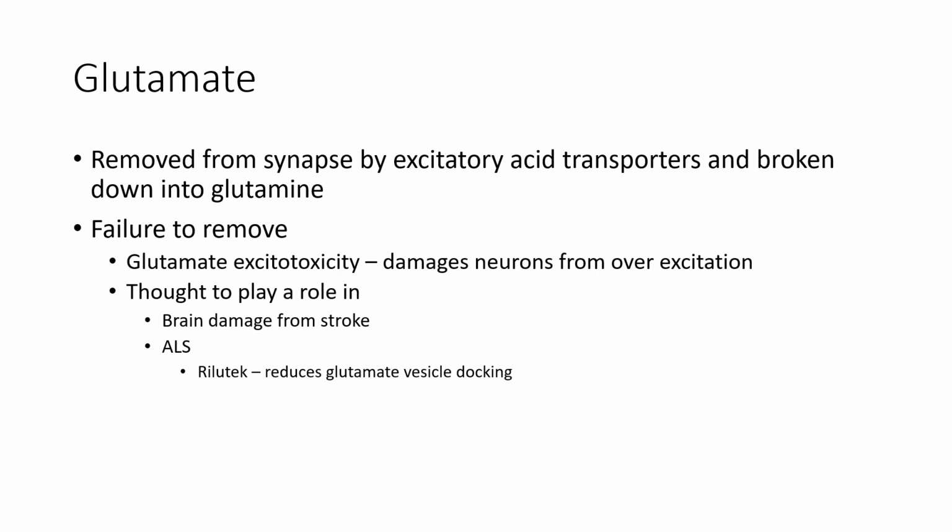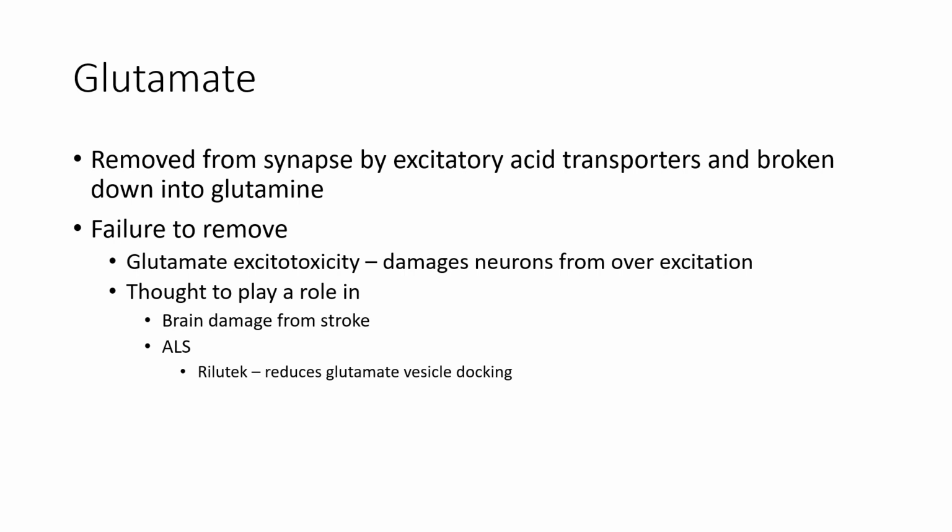The drug given for this, if you're interested in this sort of thing, as your text discussed throughout, different drugs are given to address these issues. One drug that is given to ALS patients is called Rilutek. The goal of this drug is to reduce the amount of glutamate that actually gets to the sending neuron's membrane.